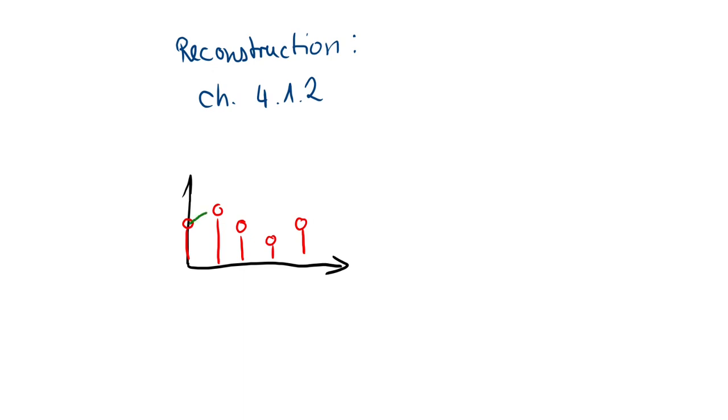Then you would just connect the bubbles here. But if you have violated the Shannon-Nyquist sampling theorem, you will not be able to reconstruct the original signal, which would look like this. So this is not possible. And this is the second reason why it is important to obey the Nyquist-Shannon sampling theorem.